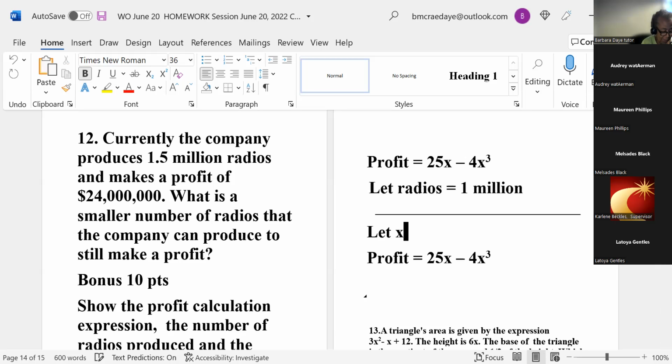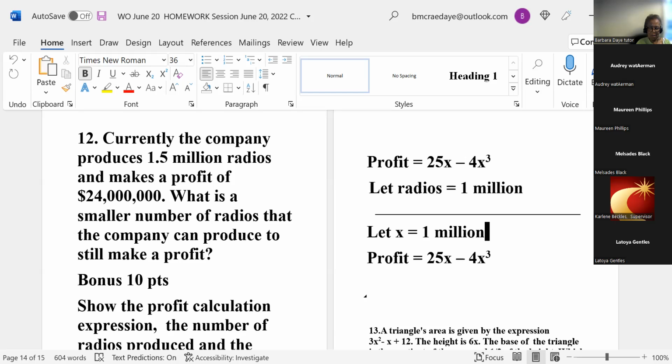Mercedes, I think you're not hearing me. What did you just say? No, I heard you, 1 million. So when you substitute 1 million, what would you get? 25 million. I said I take away the x from the 25 and put 1.